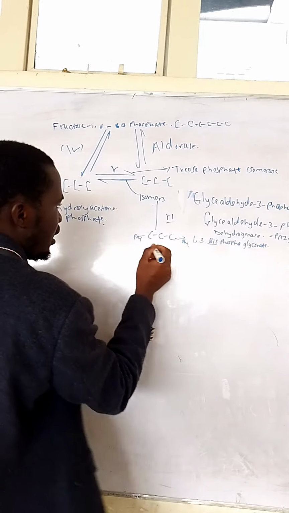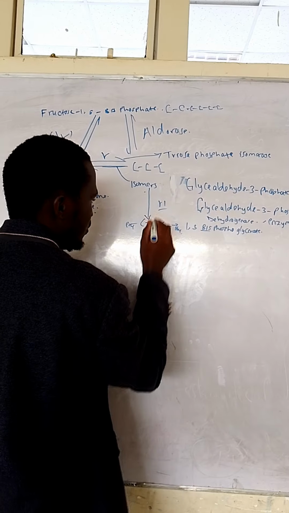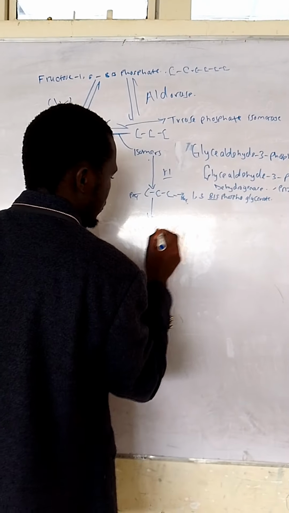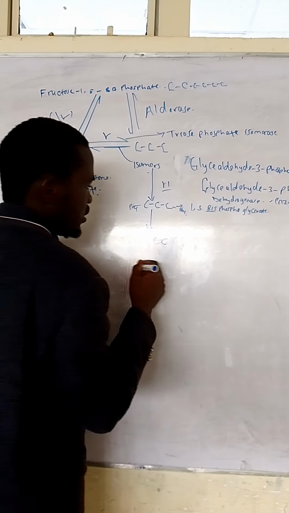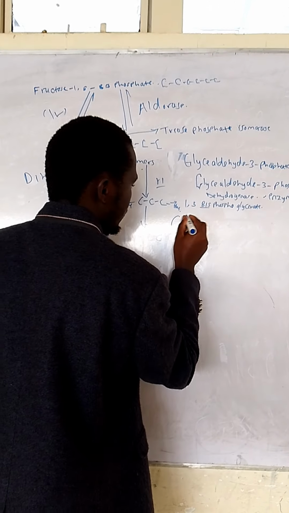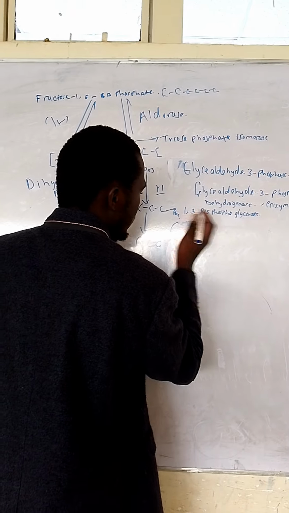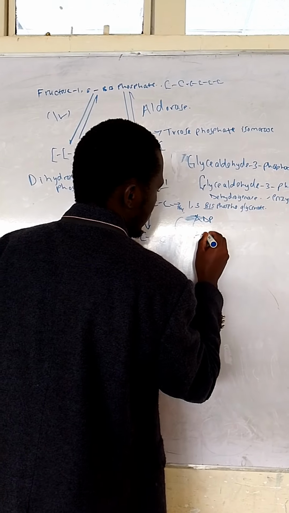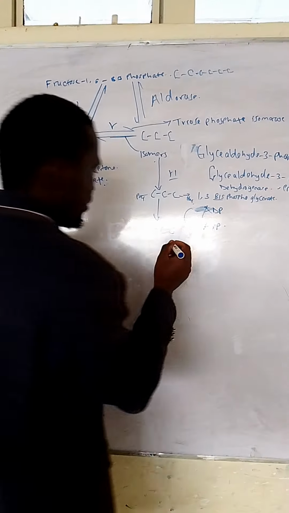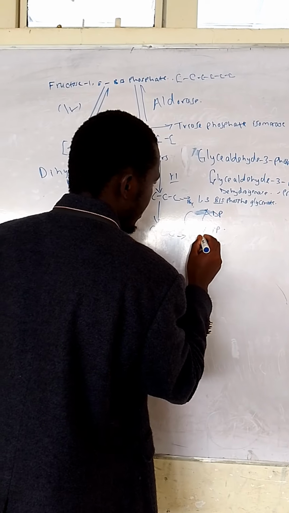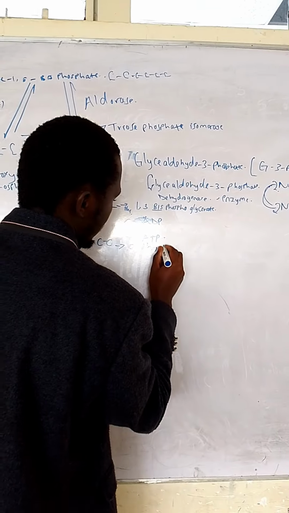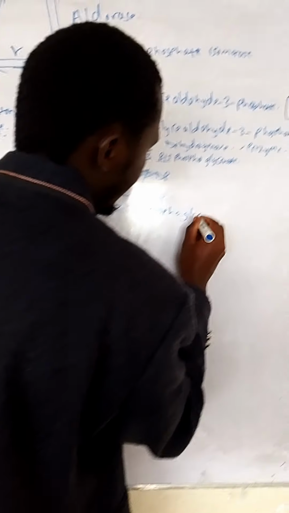So the seventh process, a phosphate is removed, and this structure is called 3-phosphoglycerate.